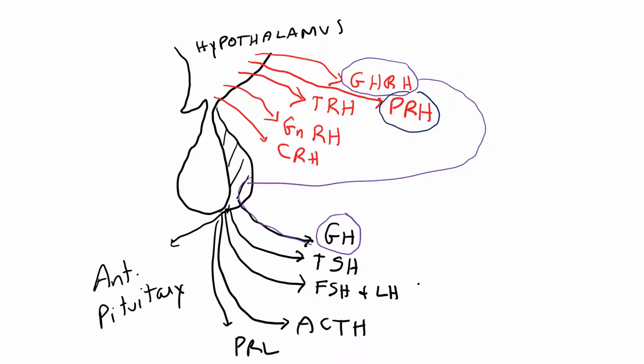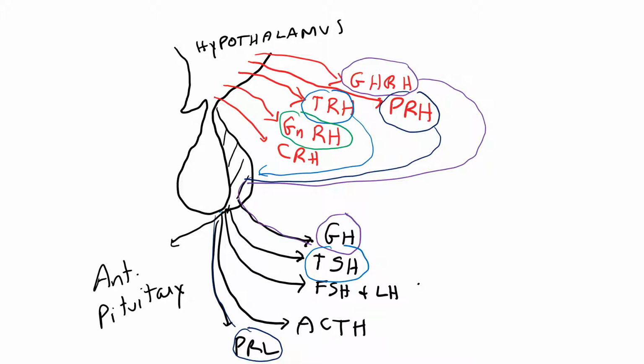PRH, prolactin releasing hormone, will act on the anterior pituitary, causing the release of prolactin. TRH, thyrotropin releasing hormone, will act on the anterior pituitary and cause the release of TSH, thyroid stimulating hormone.